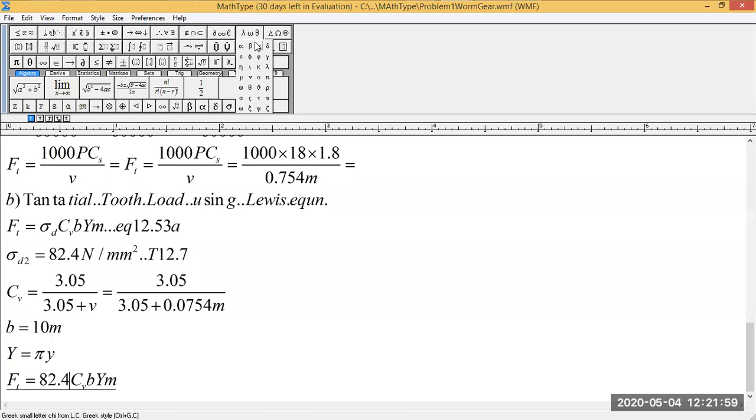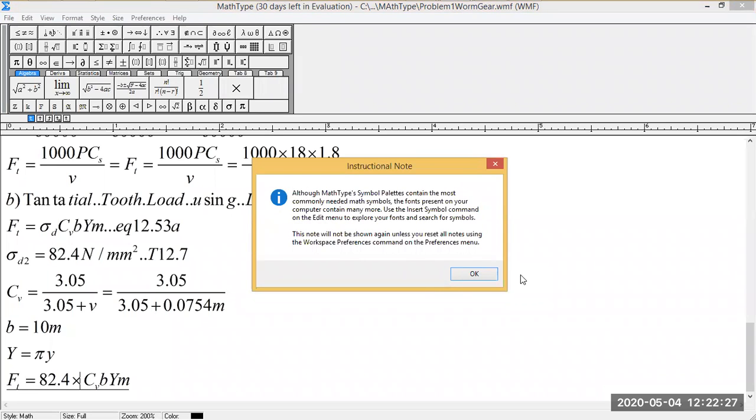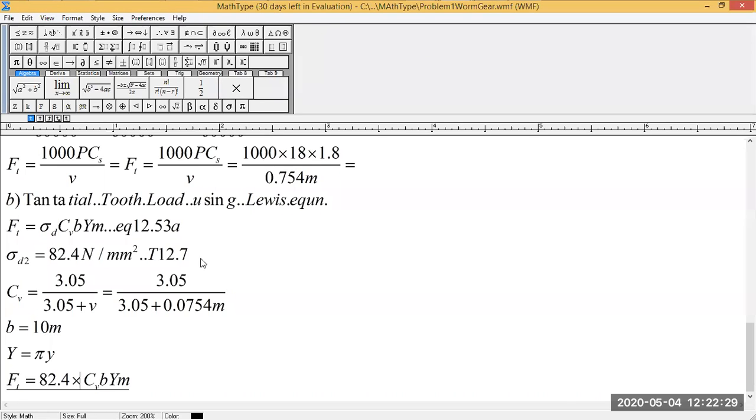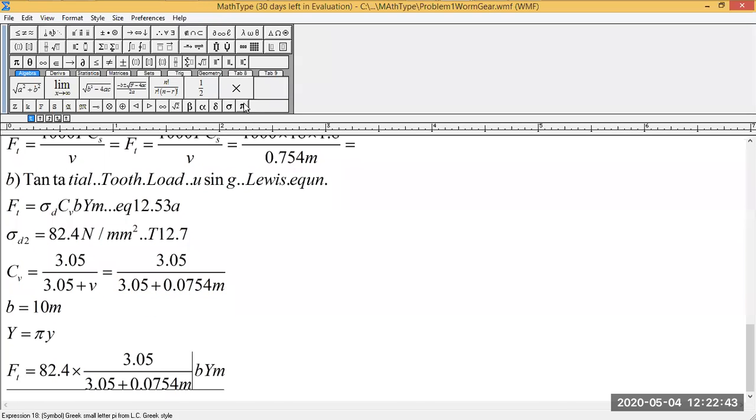Searching the symbols here. Into CV. This is my value of CV. Value of CV into b.